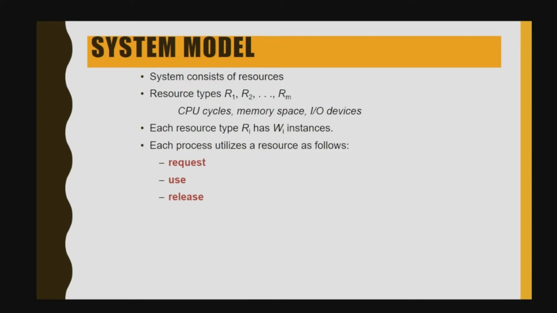So each process utilizes a resource by using request, use, or release. So a process will make a request for the resource, use the resource, and then release the resource. Then the other process can use that resource. So you need to remember about request, use, and release.